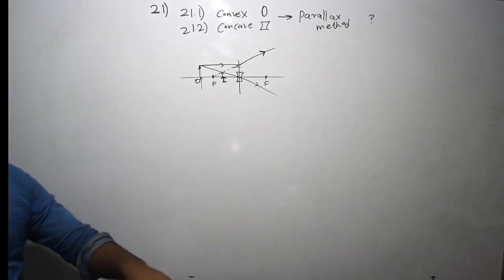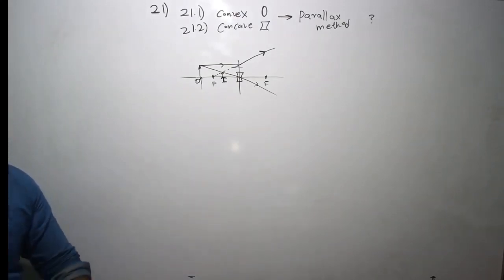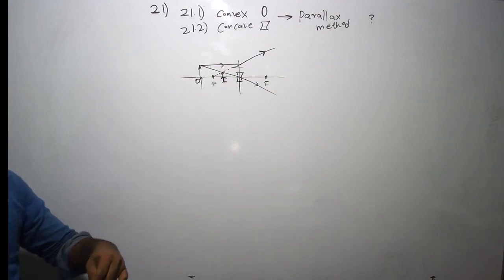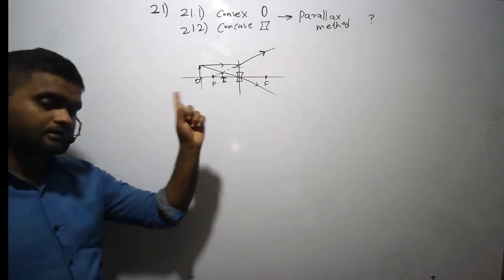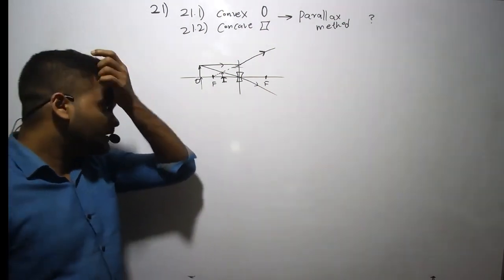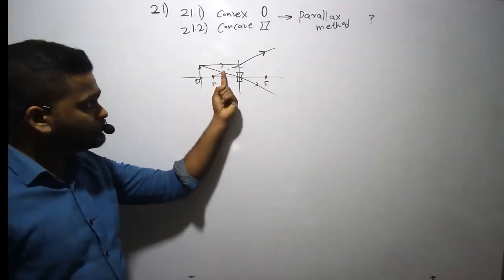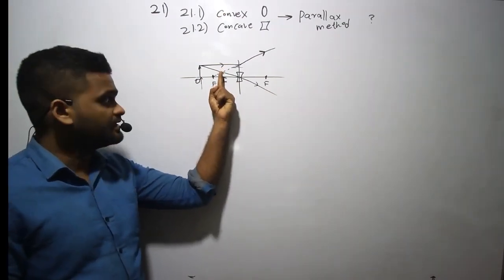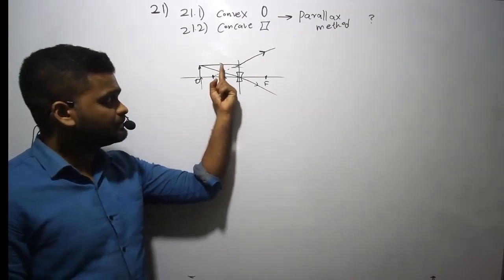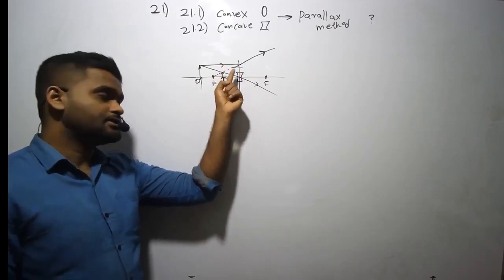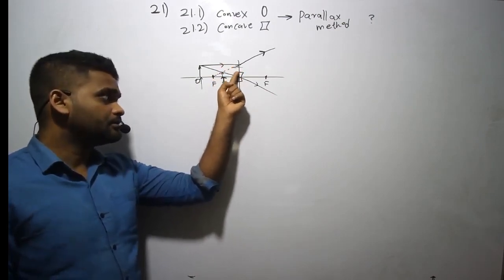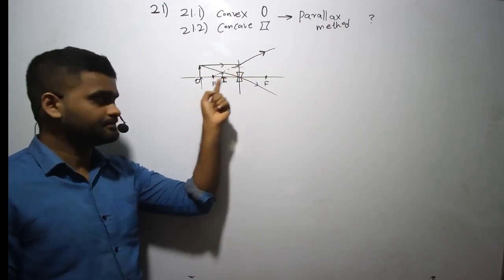To do this, the experimental setup is somewhat different here. Actually, in the previous method you cannot just place an optical pin here. Do you understand? To locate this, if you place the optical pin here, then the image of that optical pin is also going to be made by this lens.